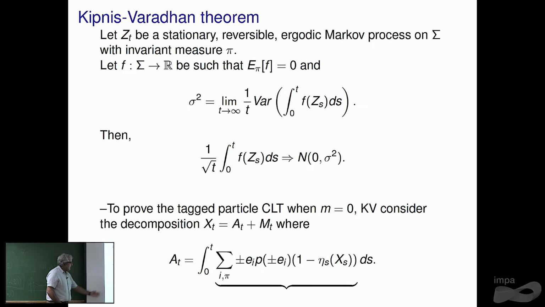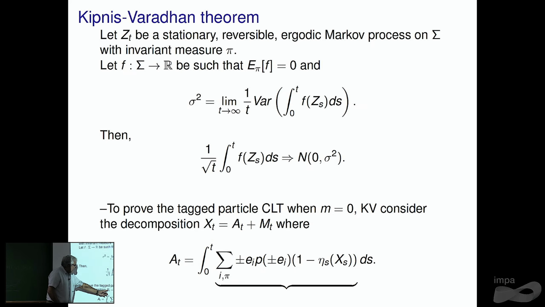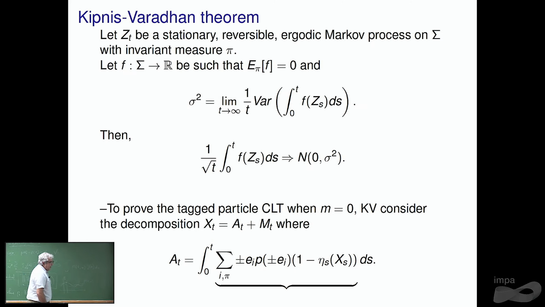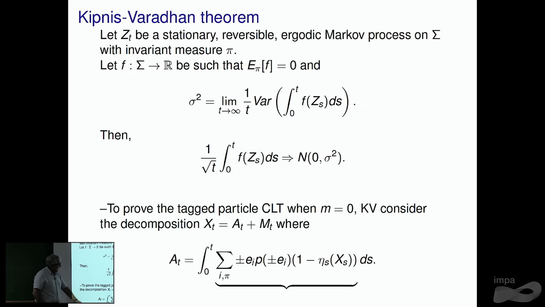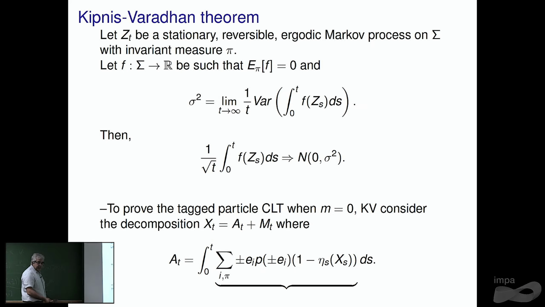Okay, and so in the tag particle context, one can write the tag particle using the generator. You just stick this as your function into the generator, and you'll get a drift term which corresponds to AT, which is this, and then you'll get a martingale from the Ito decomposition.